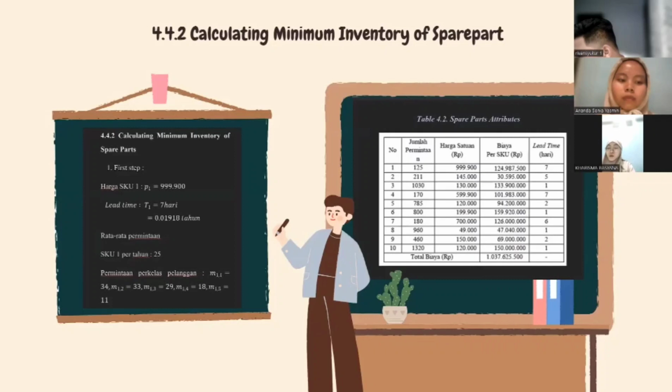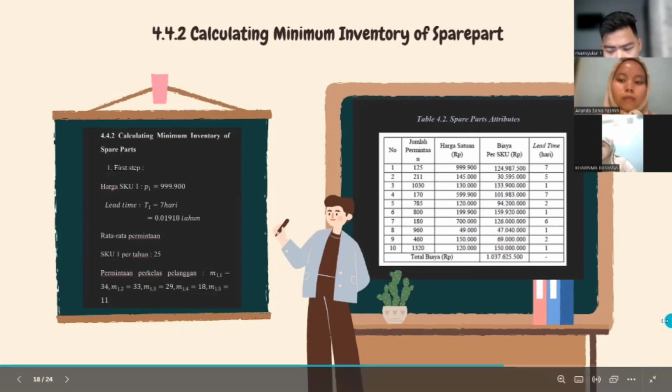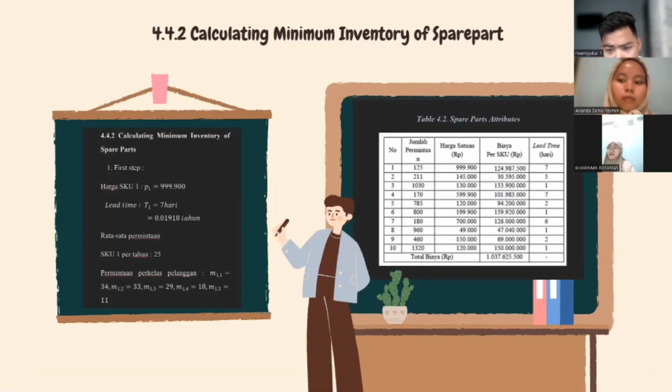First step, the price of SKU 1 divided by P1 equals 999,900, lead time divided by T1 equals 7 days equals 0.01918 years. Average demand of SKU per 1 year divided by 25 demand per customer class divided by M11 equals 34, M12 equals 33, M13 equals 29, M14 equals 18, M15 equals 11. This is table 4.2, spare part attributes.